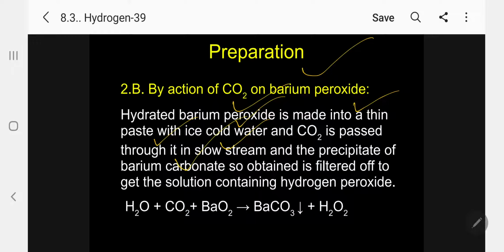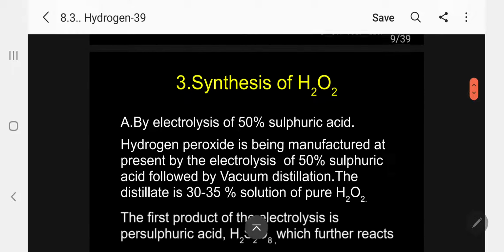The precipitate of barium carbonate is so obtained. The downward arrow indicates a precipitate, which is filtered off to get a solution containing only hydrogen peroxide. So instead of dilute sulfuric acid, we can even use carbon dioxide. This is another interesting piece of information.